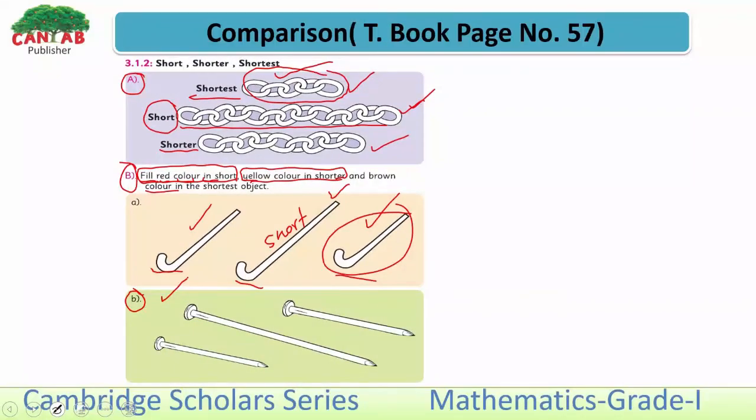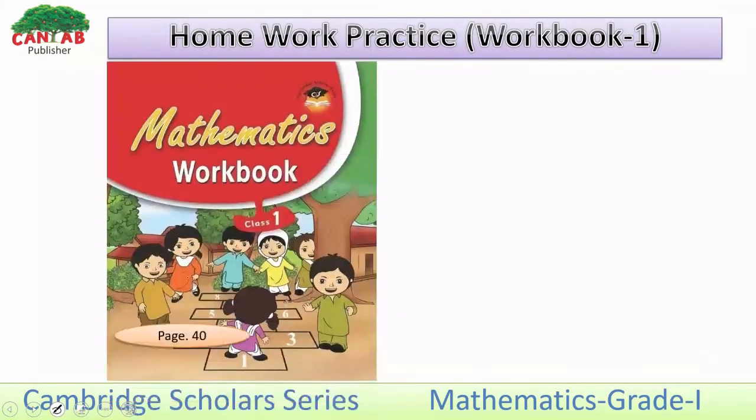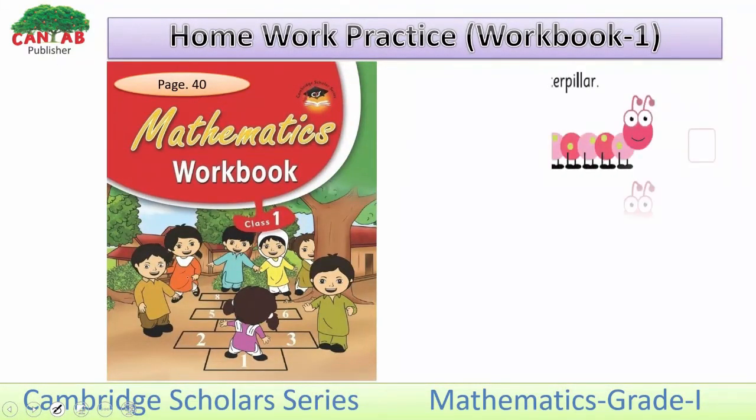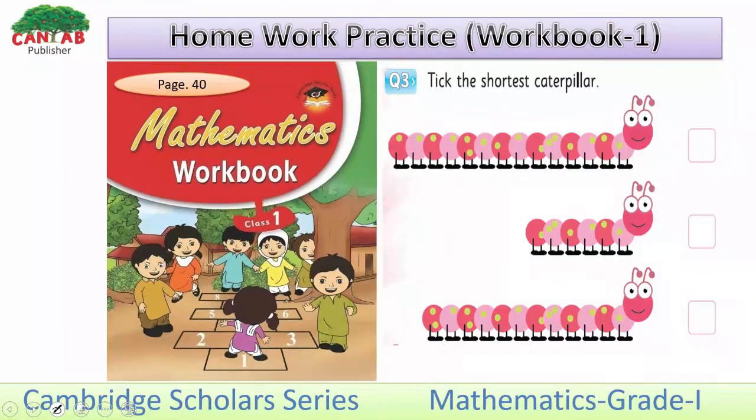Students, now come to the workbook. Page number 40. This is your home task. Question 3. Pick the shortest caterpillar. Observe all the caterpillars in the given picture at workbook page 40.